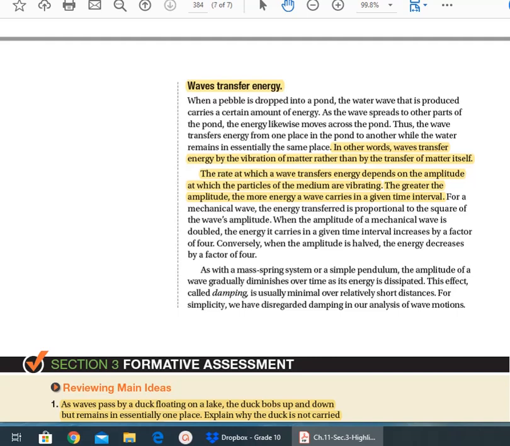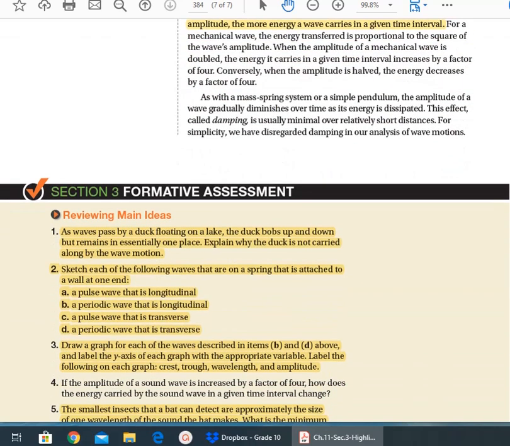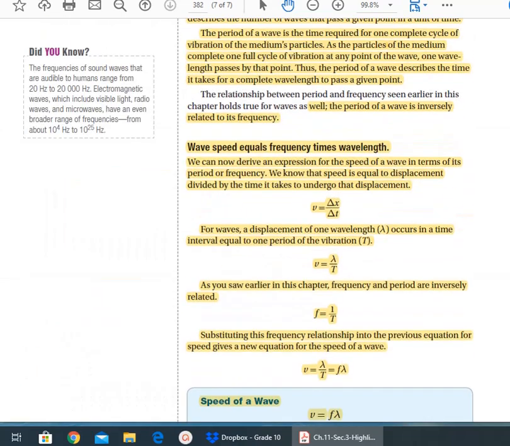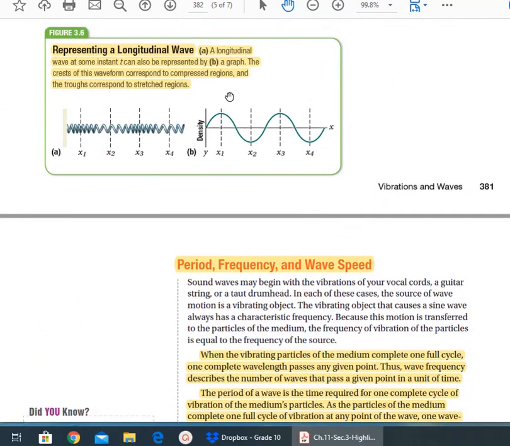Finally, you should know that a wave transfers energy. This is what a wave does. Waves carry energy from one position to another, represented by a specific amplitude. The greater the amplitude, like in here, if you have another wave with a greater amplitude, that means it's carrying greater energy.